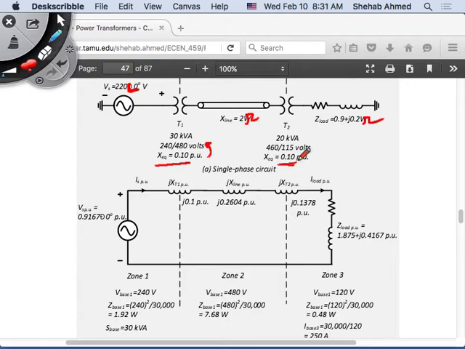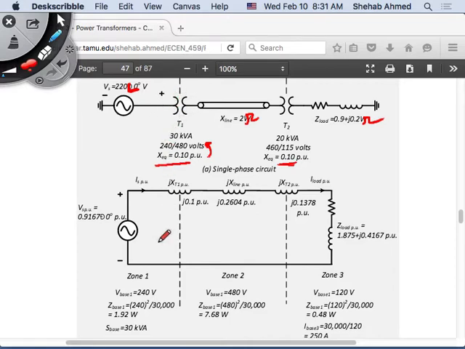Same thing here. Now I would like to draw the per unit equivalent. Put all of these equipment, this generator, transformer, transmission line, transformer, and load are in one system. I would like to now solve and figure out what the current is in the system, for example, right?